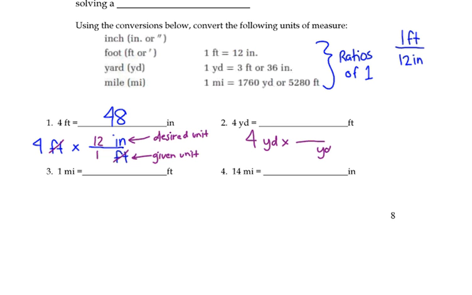Yard. Get what you're given, and the numerator is desired. So what's the ratio for feet and yards? If you're not sure, look it up on your blue formula sheet. 1 yard for every 3 feet. So that equals 12 feet.